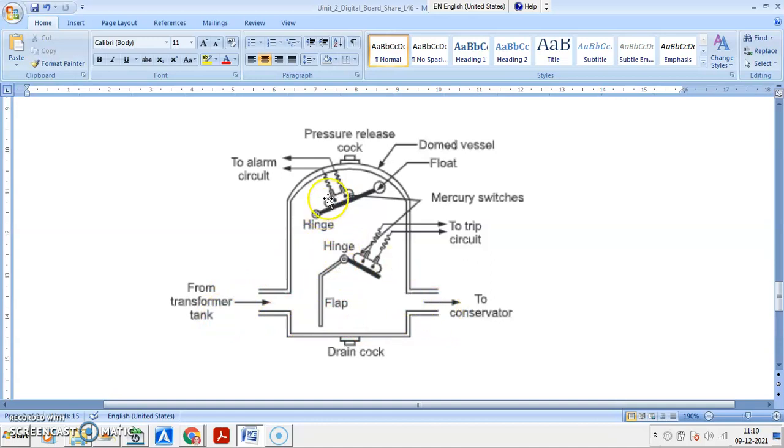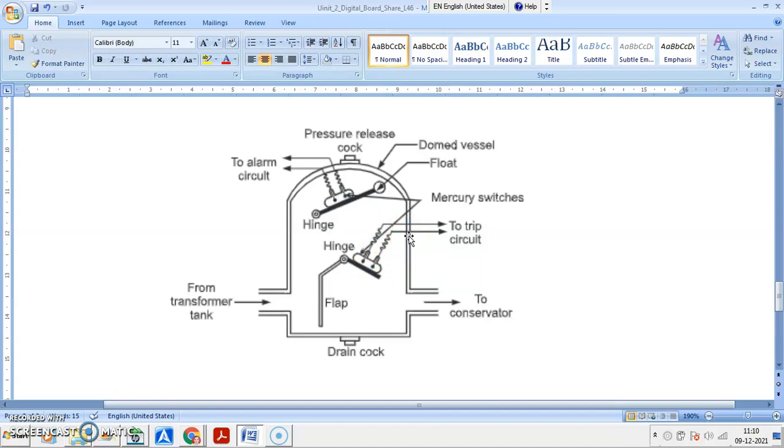If it is low, this upper float will get pressed upward, and the alarm circuit will operate. If a heavy rush is there, this particular float hinge, this flap will get operated and come to a horizontal position, so that mercury will come in contact with the trip circuit contact and the trip circuit will get closed.